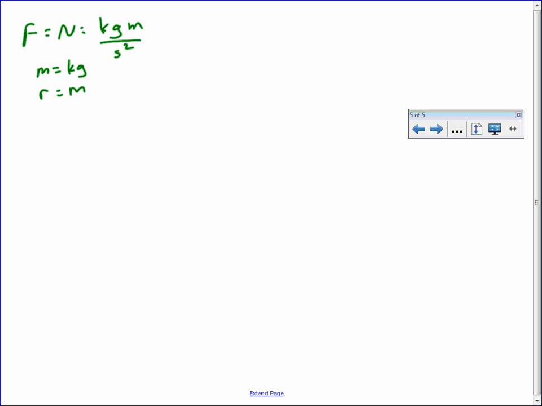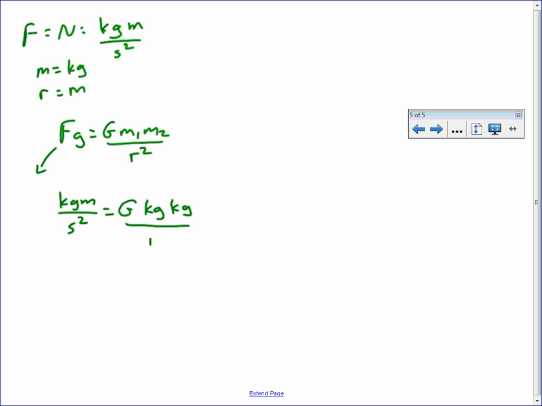So if we put this all together, we have Fg equals G m1 m2 over r squared. So let's put this in units. Fg is going to be kilogram meters per second squared. G we don't know yet. We're going to figure that out. Kilograms times kilograms per meter squared.